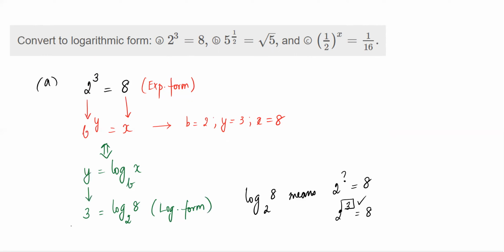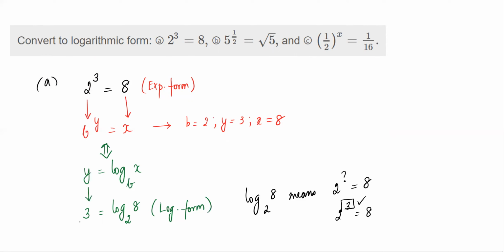Okay. That's what we got here. We said log 8 to the base 2 is actually a 3. Yeah. So that 2 power 3 gives me an 8. So every time you do this, you're going to ask this question, the base power what will give me that 8. Okay. And there will be problems asking you to go in the opposite direction as well. They'll give things to you in the logarithmic form and ask you to write it in the exponential form. So you will be doing the reverse. You'll just be retracing the steps bottom up.